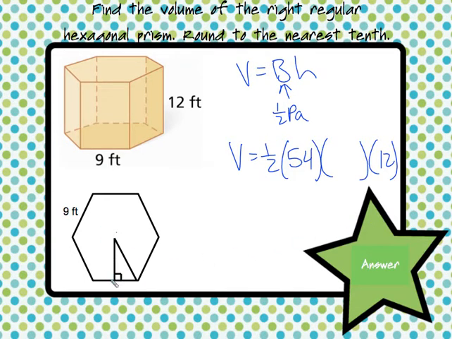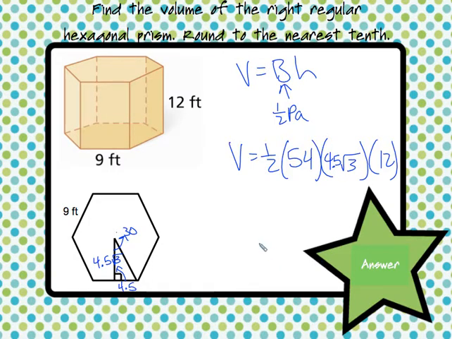So if all the sides are 9, then half a side right here would be half of 9, which is 4.5. Now if you remember, on a hexagon, it's a 30, 60, 90 triangle, so you just multiply by radical 3 to get this. Even though you're not supposed to put a decimal in front of a radical, it doesn't really matter because you're just going to plug it in. So 4.5 radical 3 is your apothem.